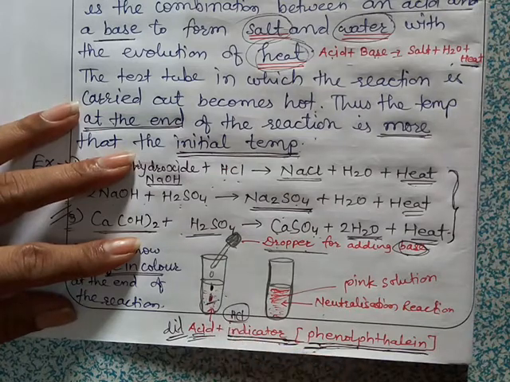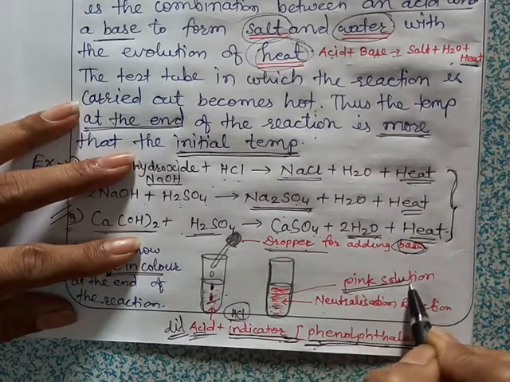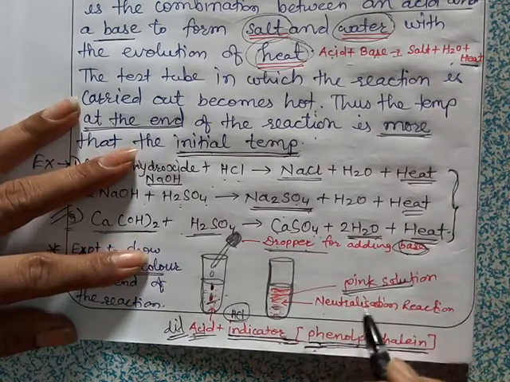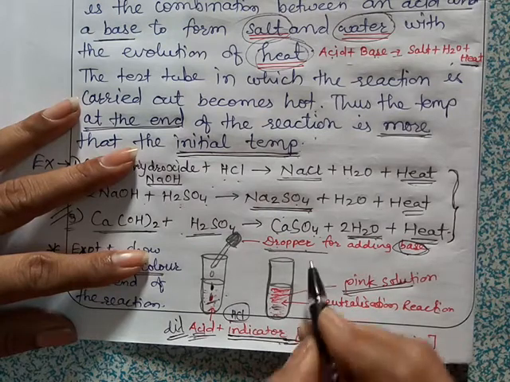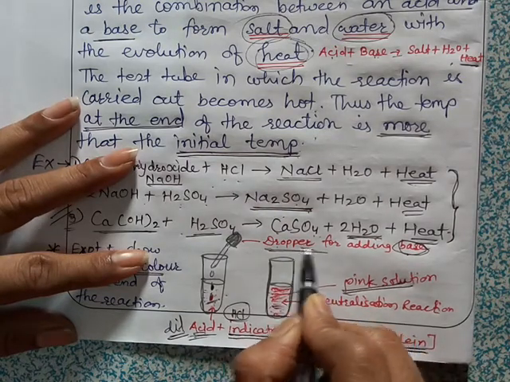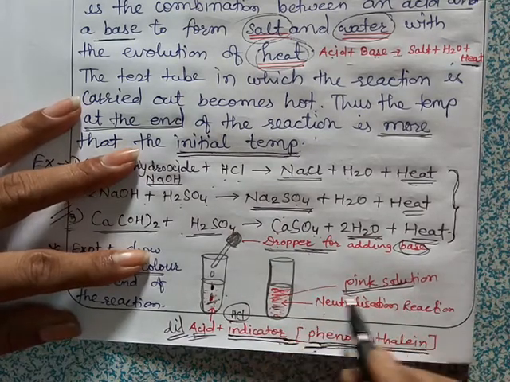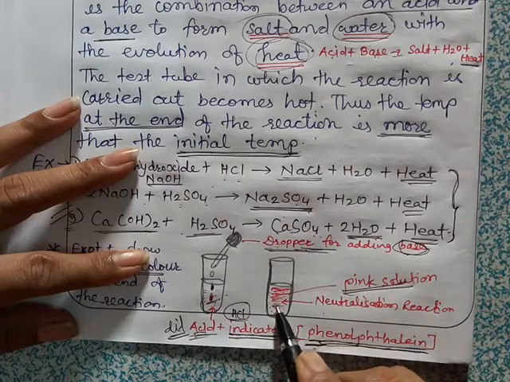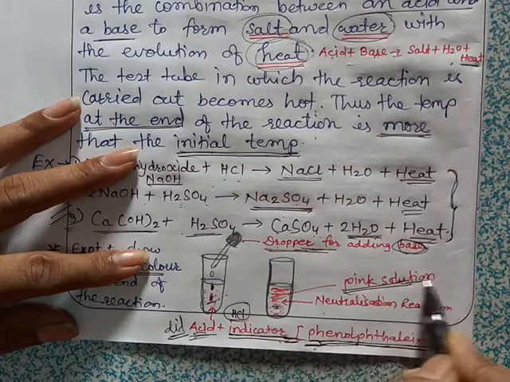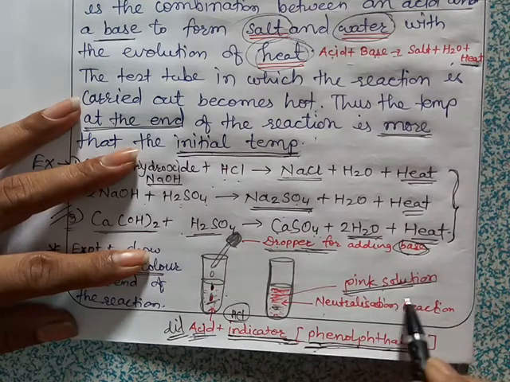We have to continue this process till the whole solution becomes pink, and the color change must occur by adding 1 drop of base. When this solution becomes pink, that is the end of the neutralization reaction.